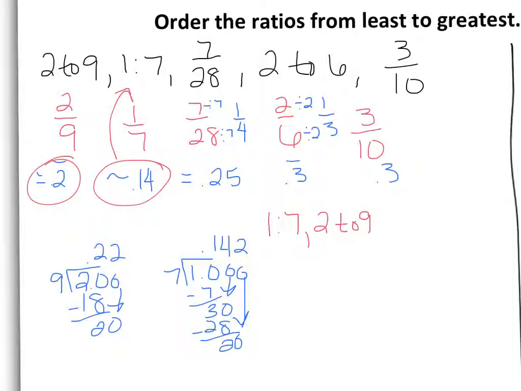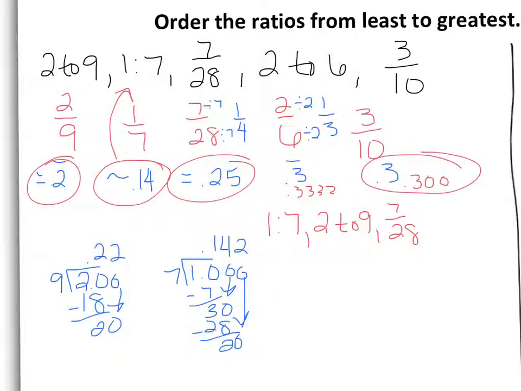After that we have 0.25, so I have 7 over 28, and then I'm left with 0.3 repeating and just 0.3. But remember, 0.3 repeating is 0.33333, and 0.3 is 0.300, so it means 0.3 comes next, so 3 over 10, and then finally I have 2 to 6.